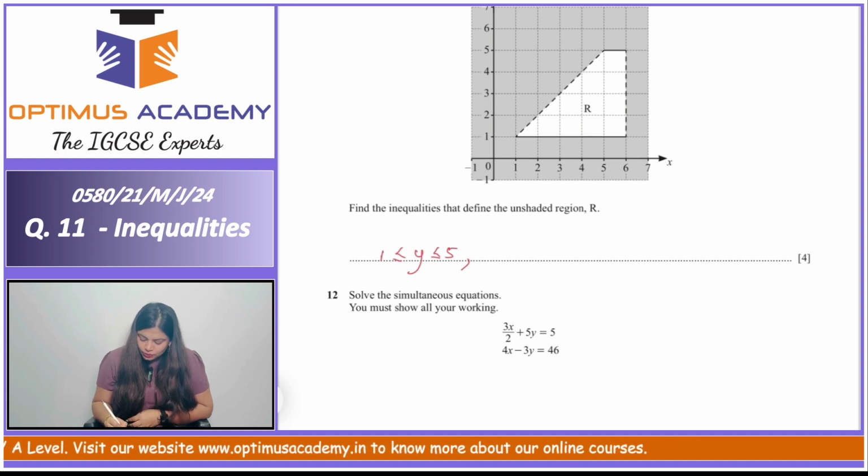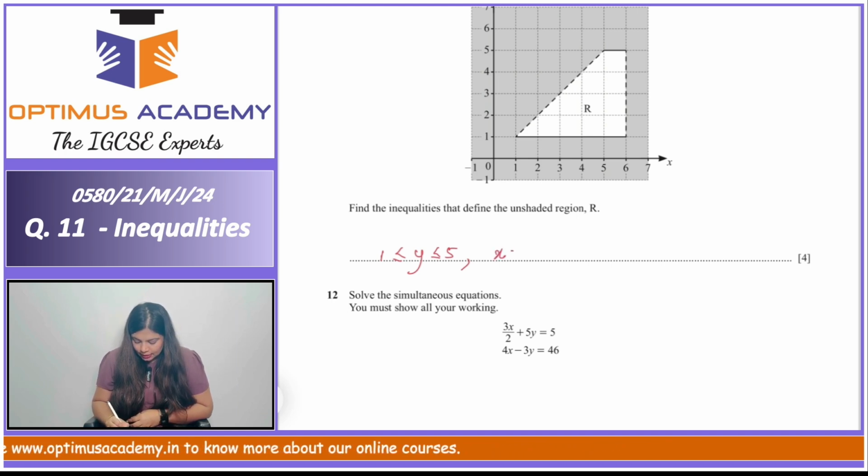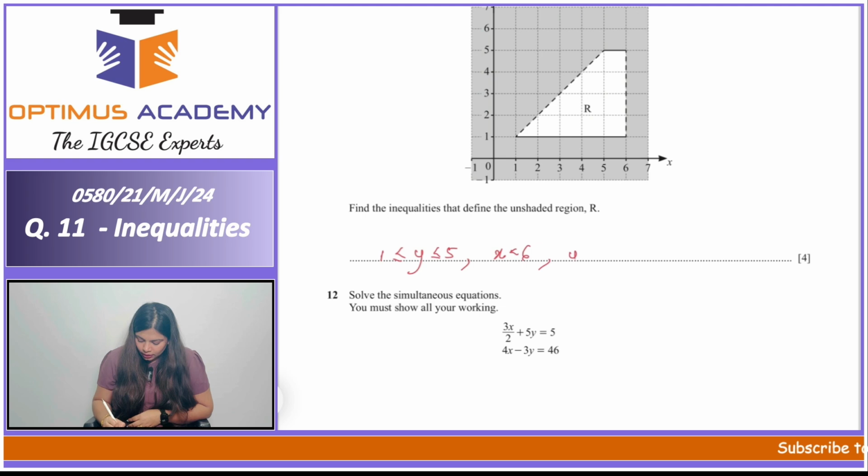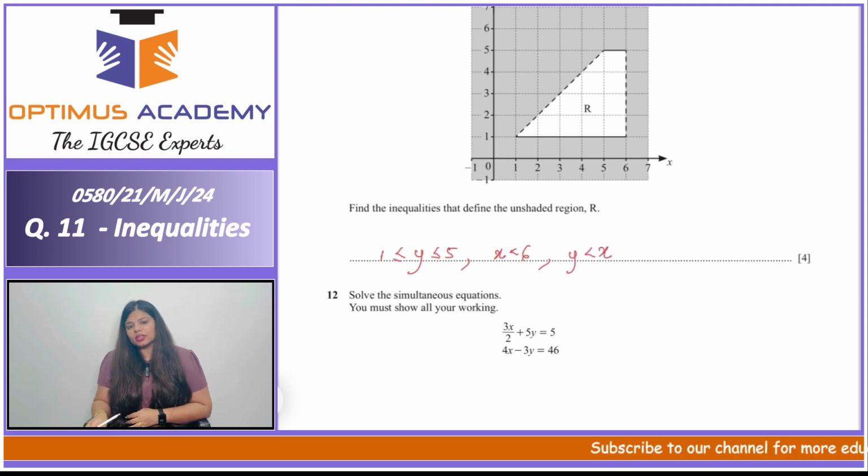Then we have a dotted vertical line at 6. So, we are going to write the equation as x less than 6. It won't be less than or equal to because it is a dotted line. Then we are going to write for the slant line, that is y less than x. So, here we have the equations of all the 4 lines.